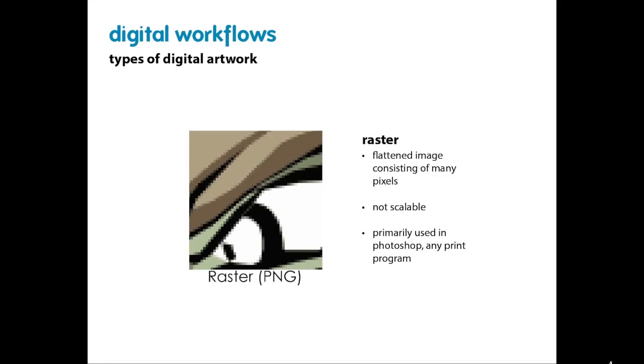So as you scale that pixel grid up and down, the size of the pixels will change, but not their relationship to each other. And so if you zoom in too much, you're going to get real pixelization. So it's used primarily for photos.